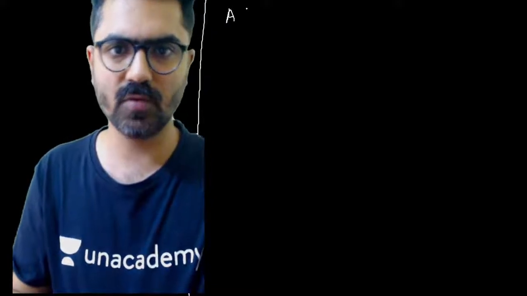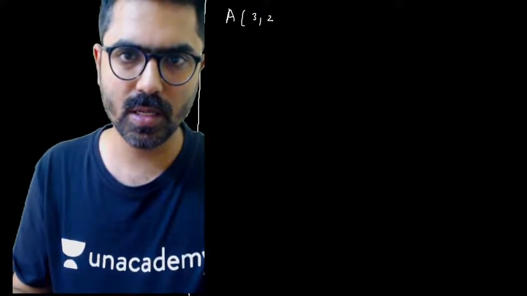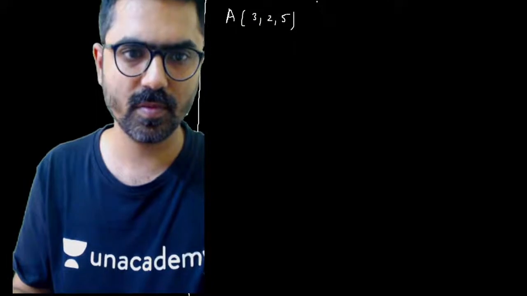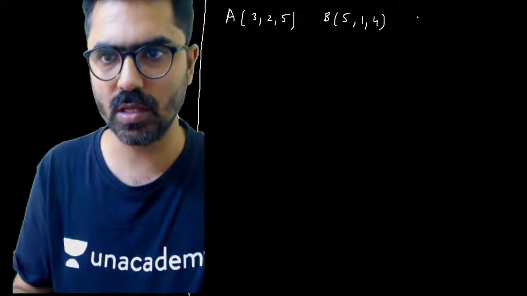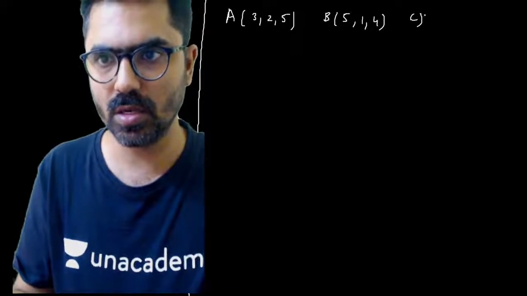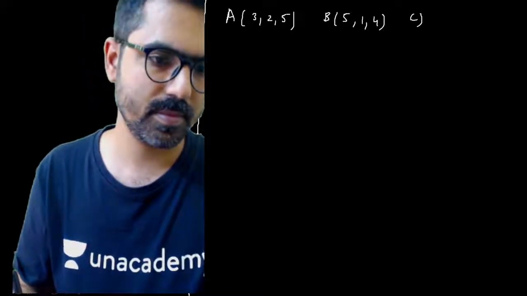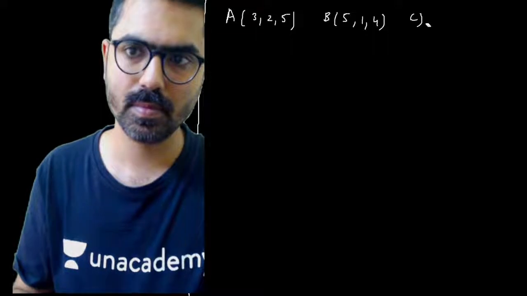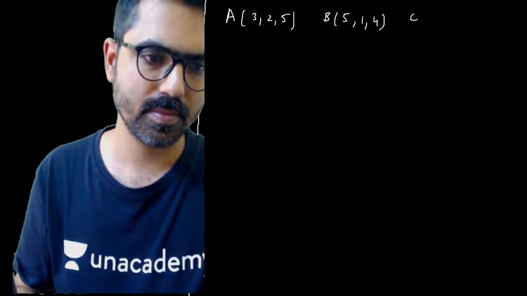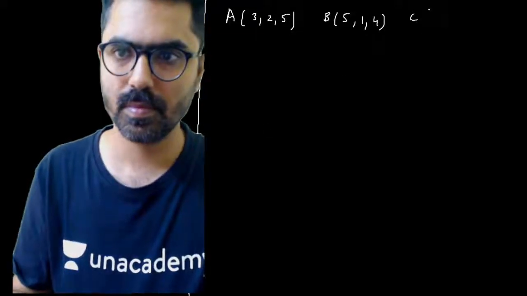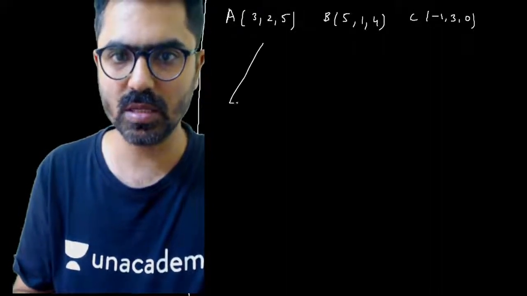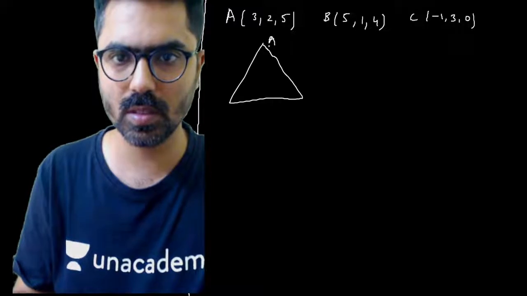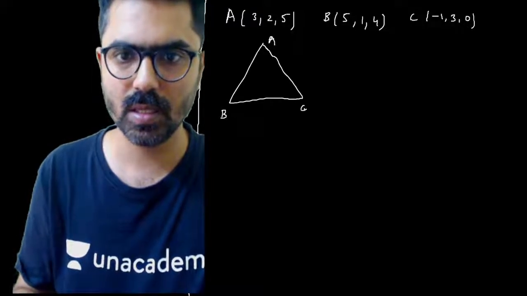Let's say a triangle is formed by the coordinates 3, 2, 5, then 5, 1, 4, and the third coordinate is -1, 3, 0. So these are the three vertices of the triangle, A, B and C.